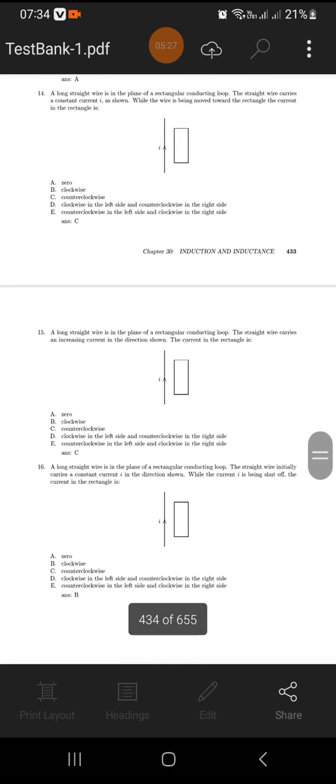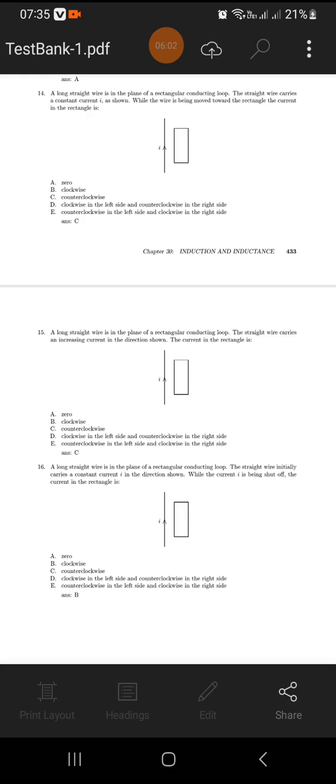And then this one is also counterclockwise. Increasing current in the direction shown. The current in the rectangle is... okay.